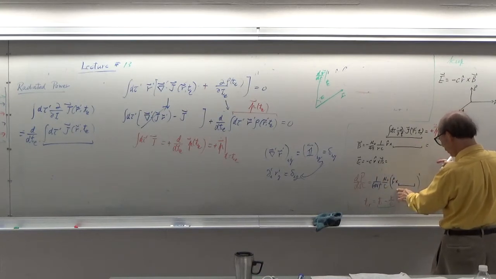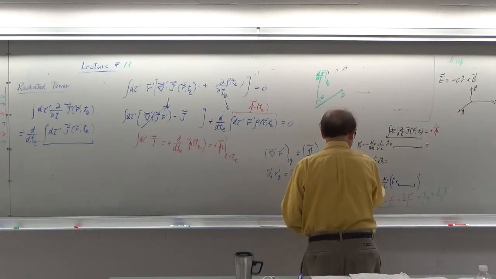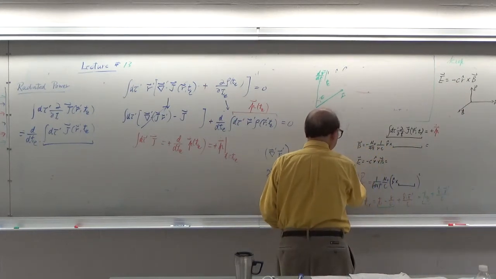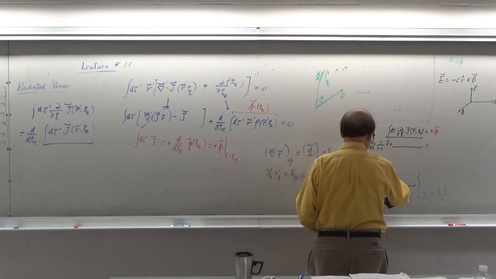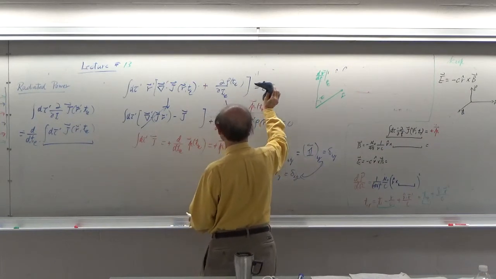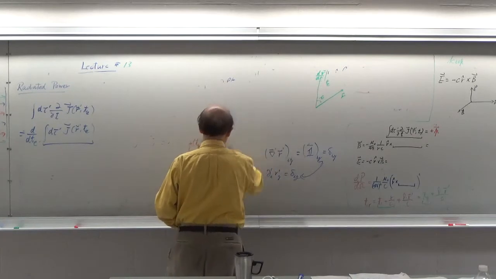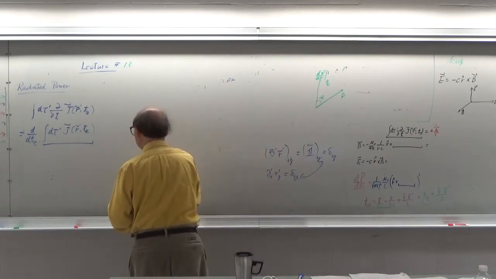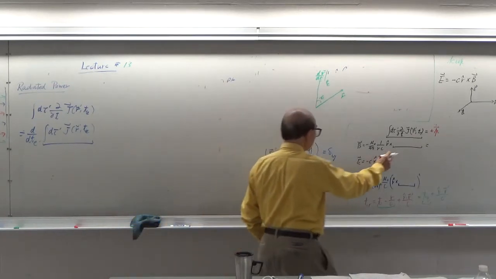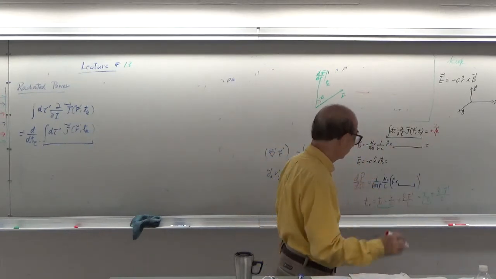Let me write down the power per solid angle, which will be given by this times the result. For the small system that I'm talking about, the contribution is proportional to P double dot, don't forget, evaluated at t.